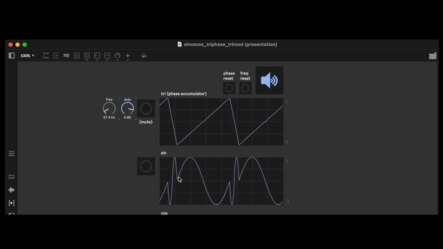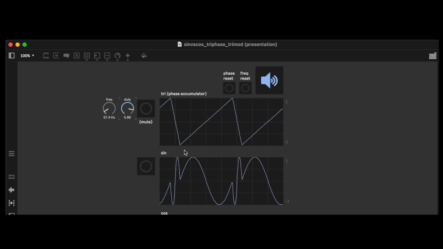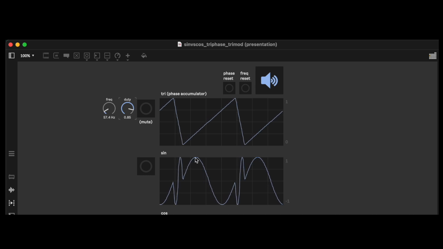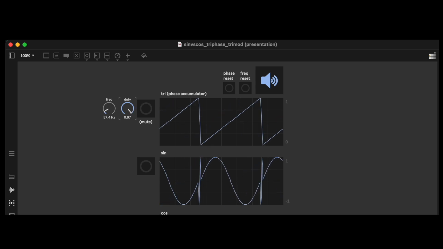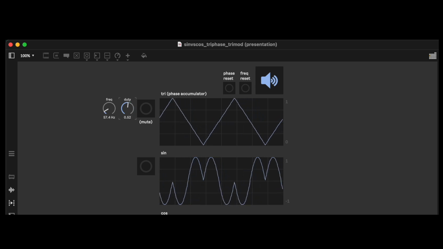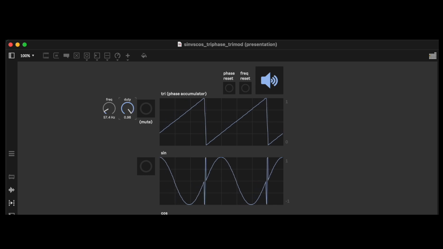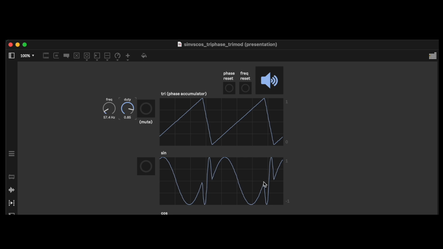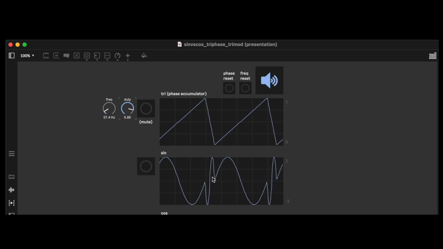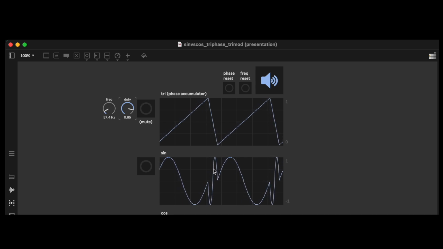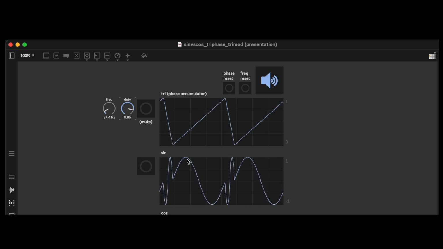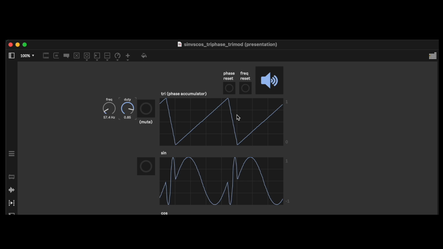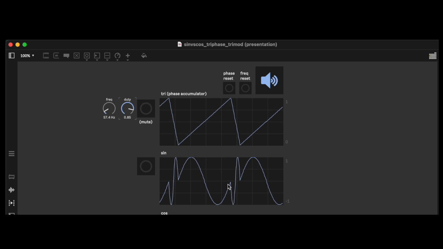So the part of this output waveform that corresponds to the ramp, you can see that the sine table is being read through faster because it gets shorter in the scope. So it's being read through faster because that means that the frequency is increasing, right? But then on this falling section, it looks like another sine wave, but backwards, and it's going really fast. So when the phase accumulator is going upwards, it reads through the sine wave like normal. And then when it's going downwards, it reads backwards through the sine wave.